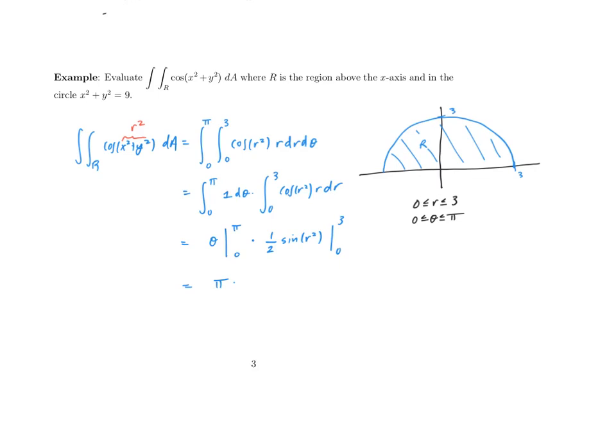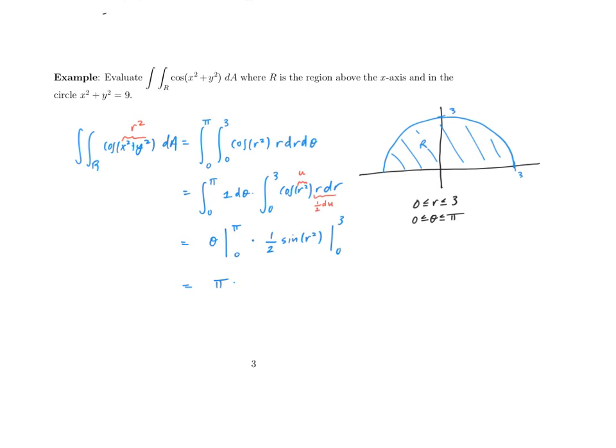And if this is something where you look at it and you recognize the antiderivative, I'm 100% okay with you writing that down. If not, note that you can make a substitution. If u is r squared, then r dr is 1/2 du. So you see where this 1/2 comes from.